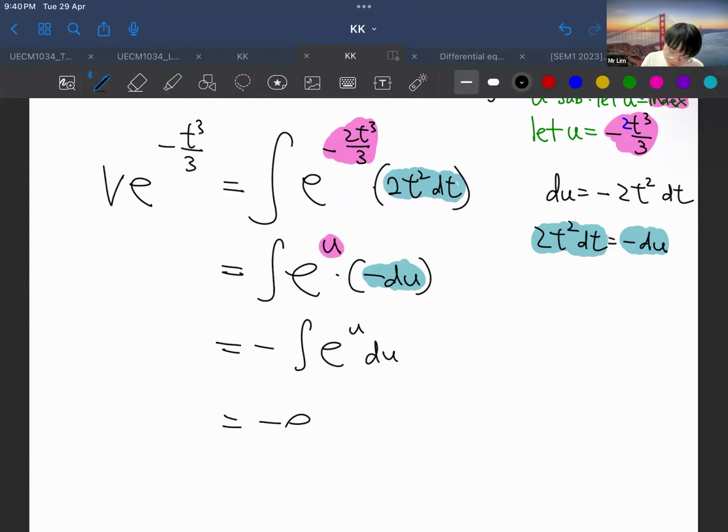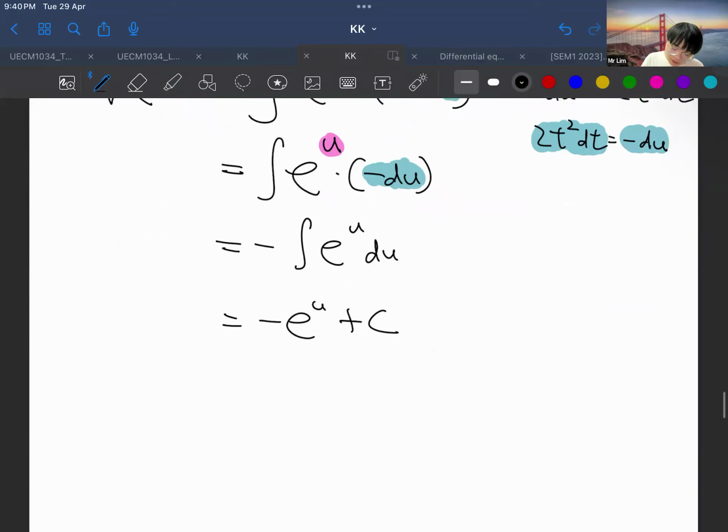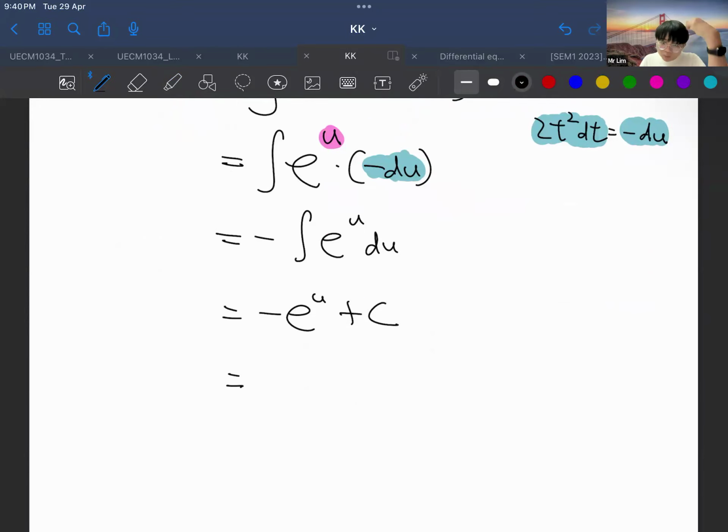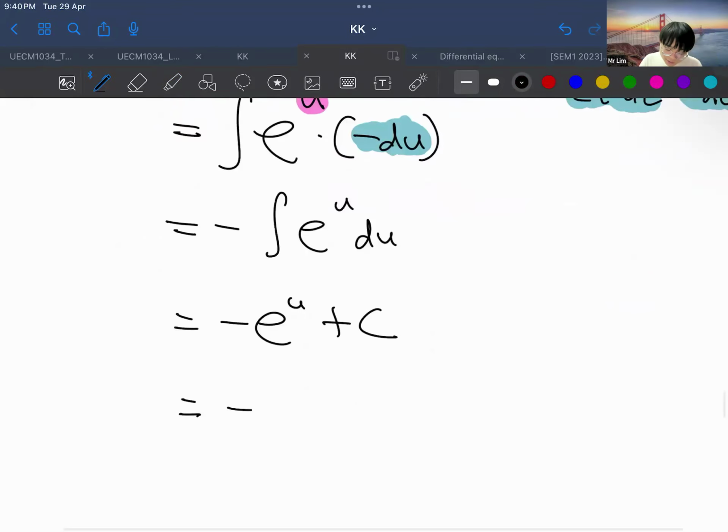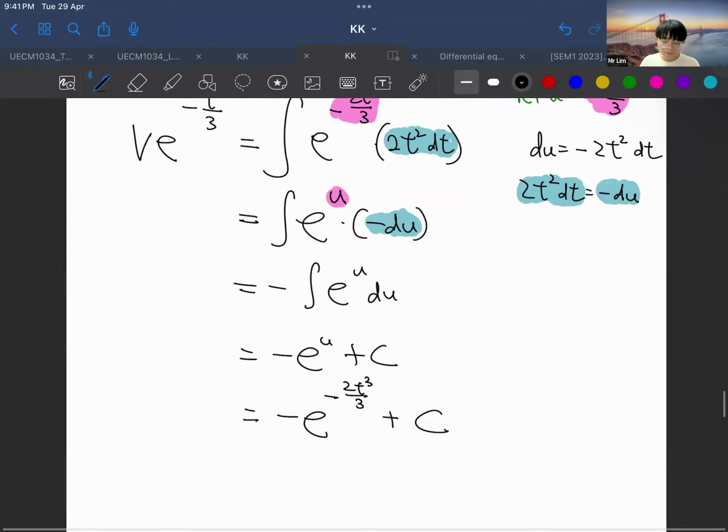That's equal to negative e to the u plus c. That's equal to, substituting back u, I get negative e to the negative 2t cubed over 3 plus c.